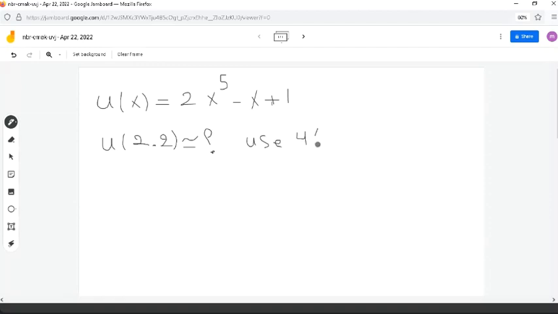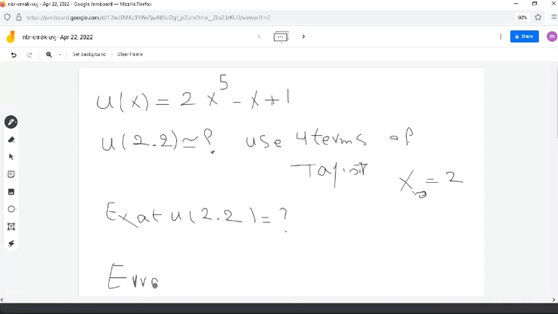Use four terms of the Taylor theorem. Yes. Okay.